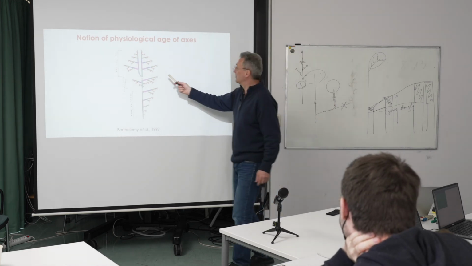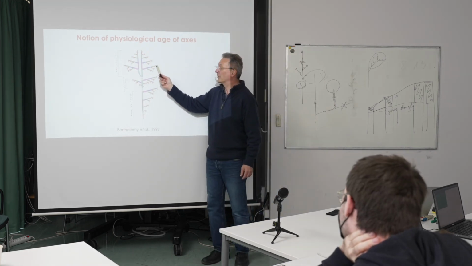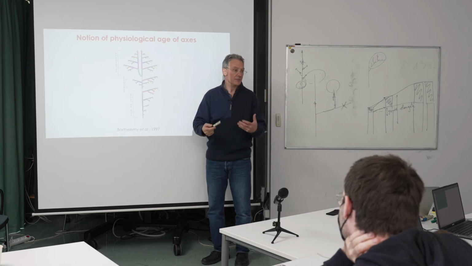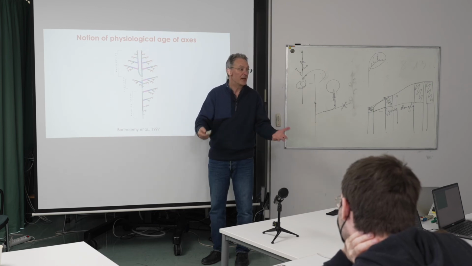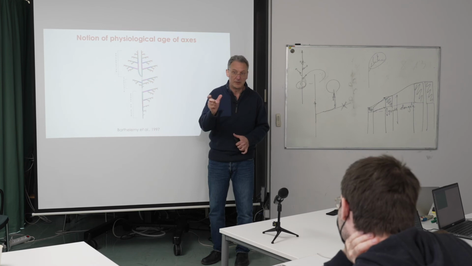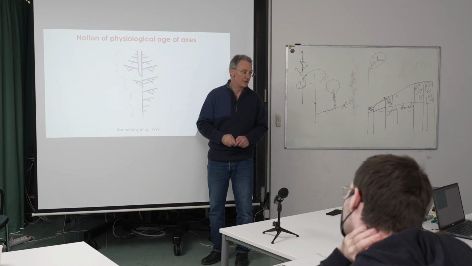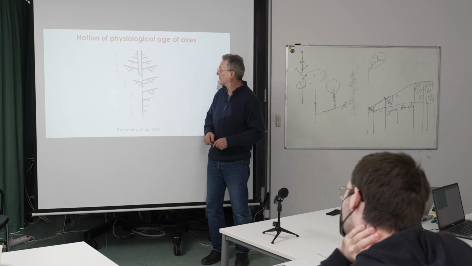And then when you reach the flowers, the differentiation of the axis has been completed, and you are able to produce only this type of terminal small branch or terminal flower.